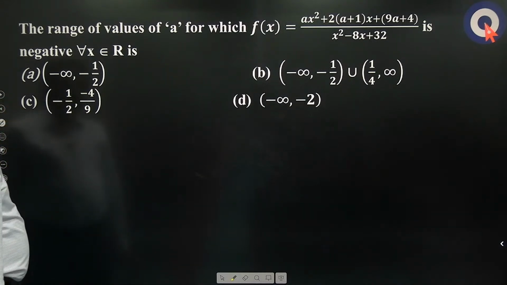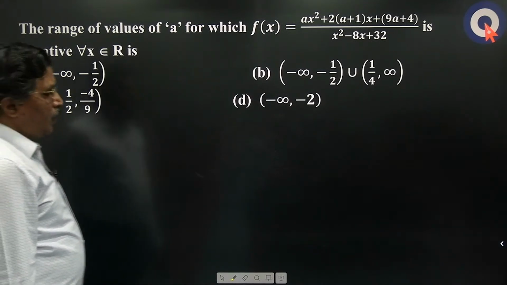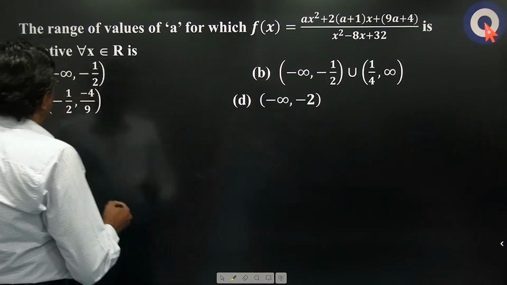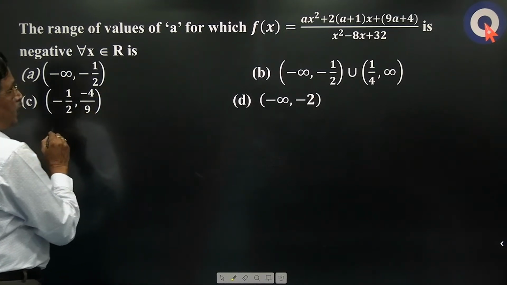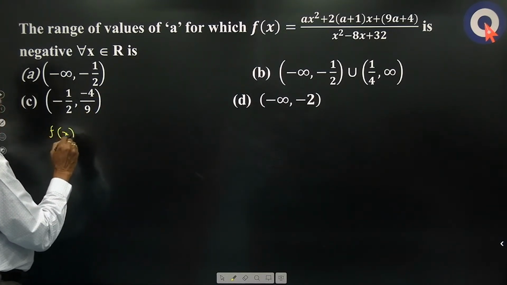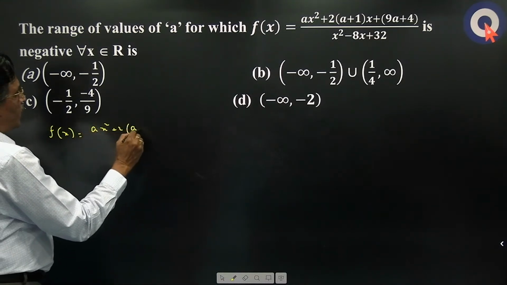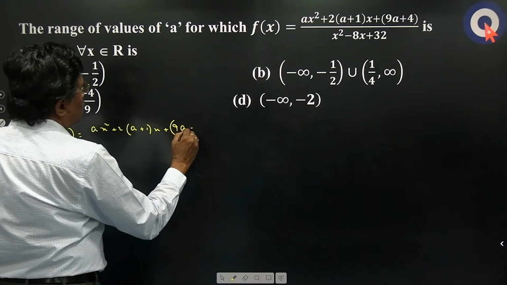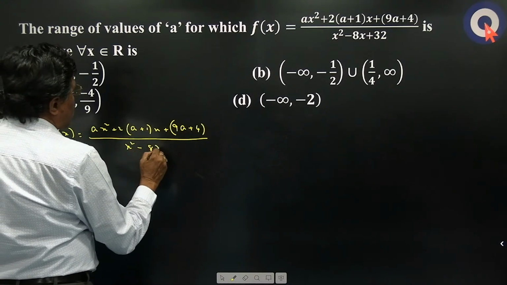the range of values of a for which f(x) is equal to (ax square plus 2 into (a plus 1) into x plus 9a plus 4) by (x square minus 8x plus 32). Simple problem. See here, f(x) is equal to (ax square plus 2 into (a plus 1) into x plus 9a plus 4) by (x square minus 8x plus 32).